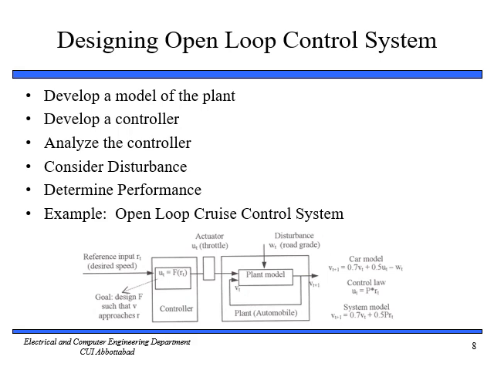We will give input to the controller, then this controller will be connected to the plant, and we will analyze the output. Finally, we will consider some disturbance, due to wind or a rough road, and we will determine the performance, like how much overshoot, how much undershoot, how much settling time. So these are the steps involved in designing an open loop system.